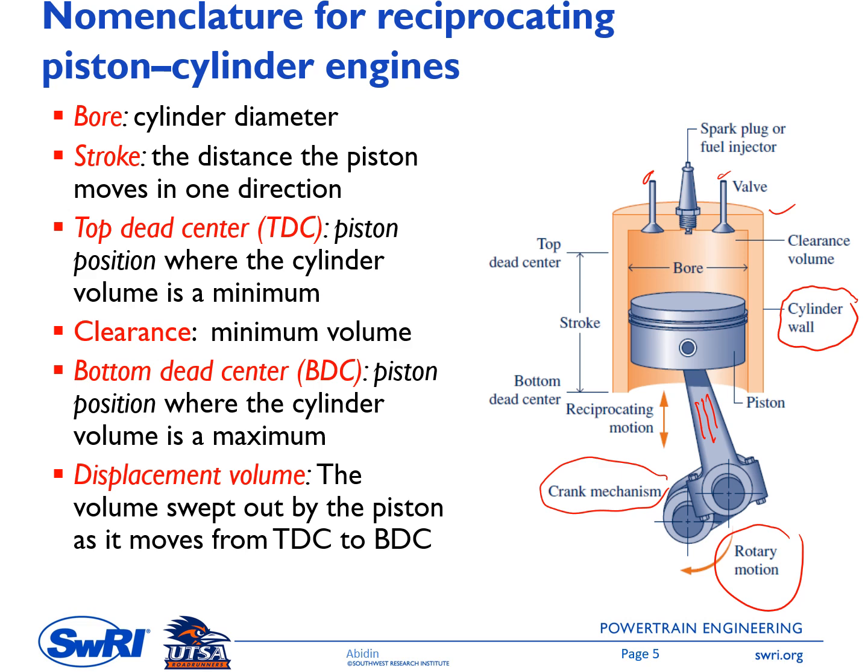Because of the combustion, the cylinder pressure and temperature increase, so it generates power that is transferred to the piston and then transferred to the crank mechanism to do work there. So this reciprocating motion is converted into rotary motion by the crank mechanism.